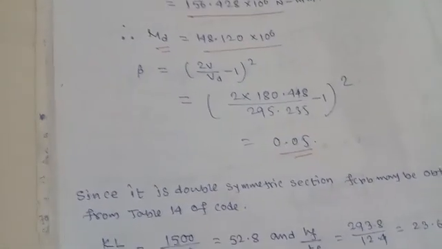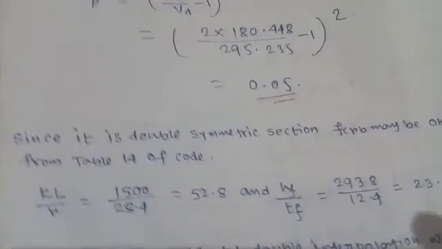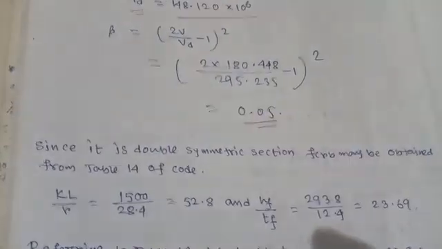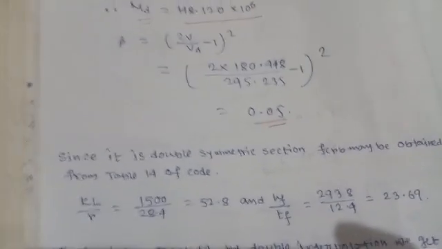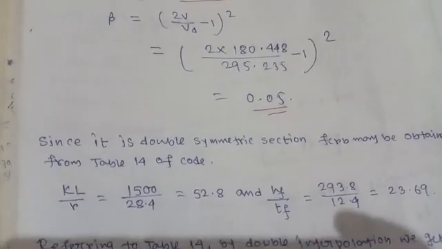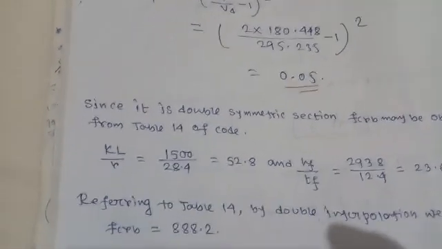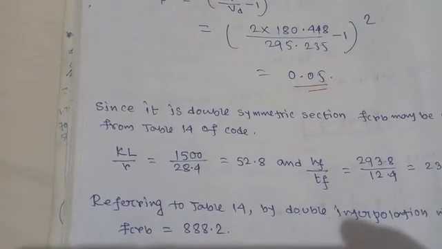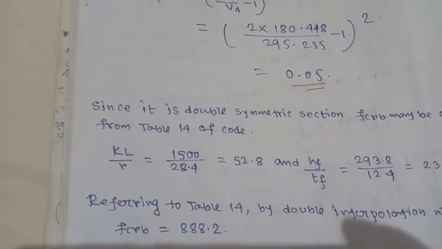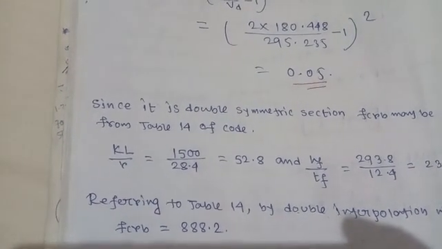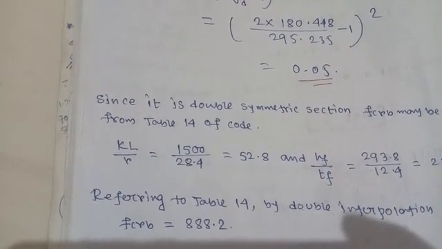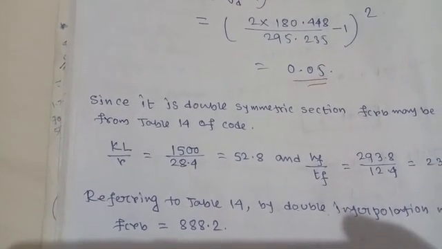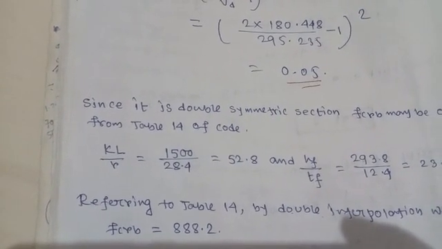Since it is a doubly symmetrical section, Fcr may be obtained from table 14 of our code. KL by r equals 1500 by 28.4, so we get 52.8.